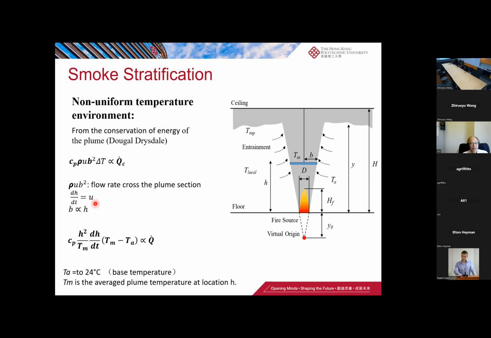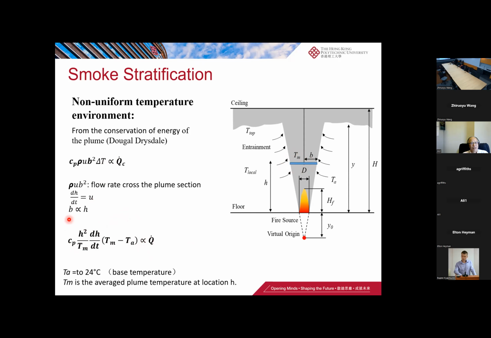We need to pay attention here. And the temperature here is the average plume temperature over the ambient temperature. So with everything put here, we can make sure this inequality still holds.